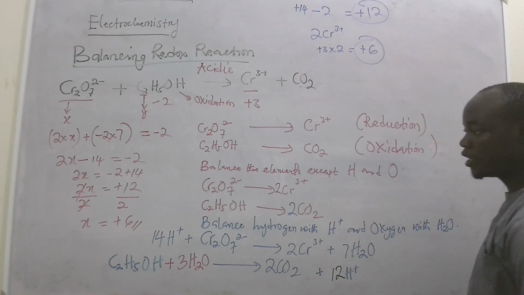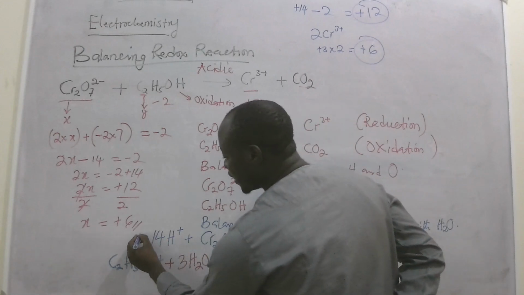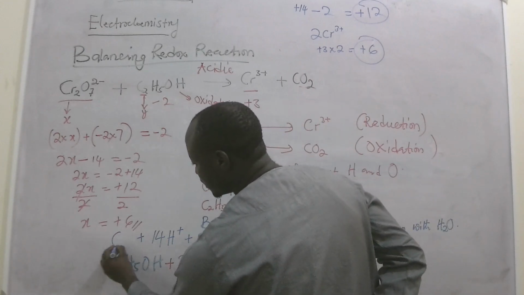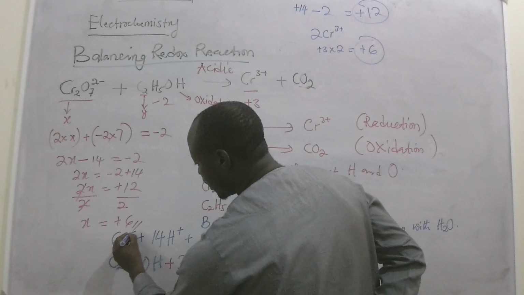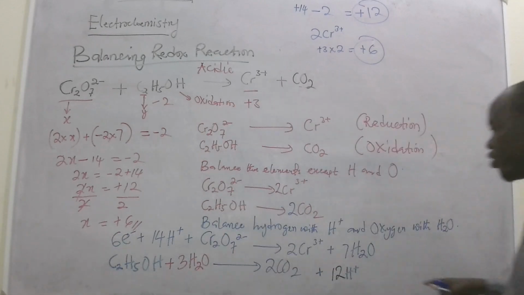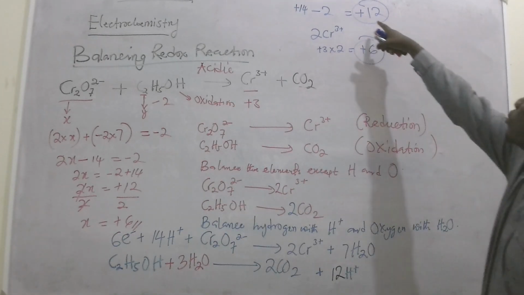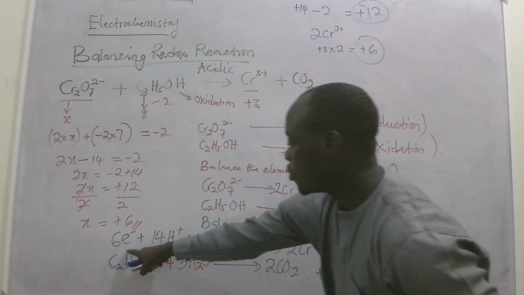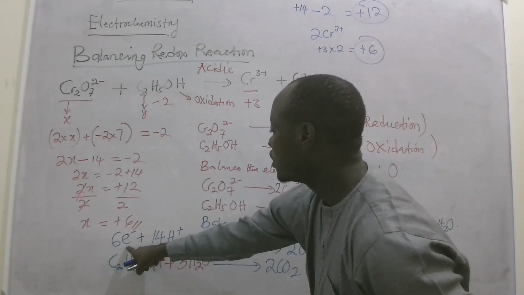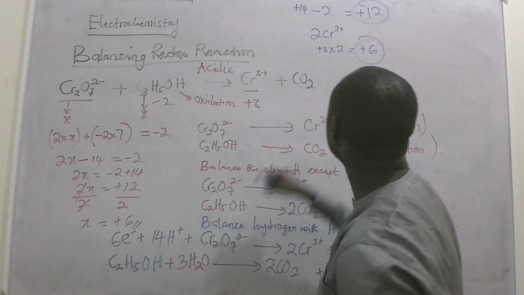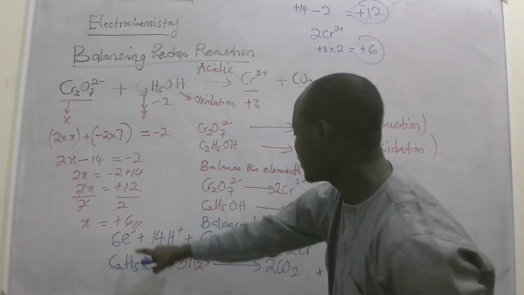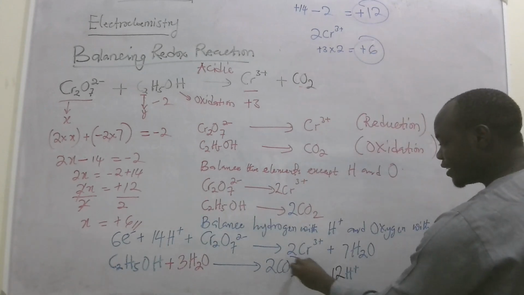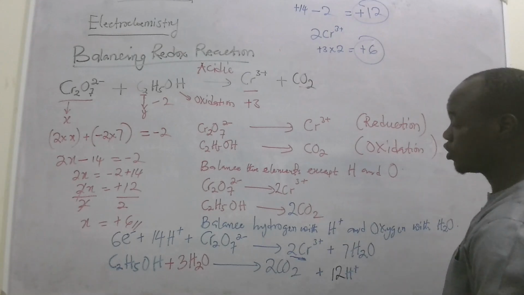So how are we going to balance it? By adding 6 electrons here. So if we add 6 electrons here, because they already have plus 12, plus 6 is going to balance the 6 electrons that are in the product side.